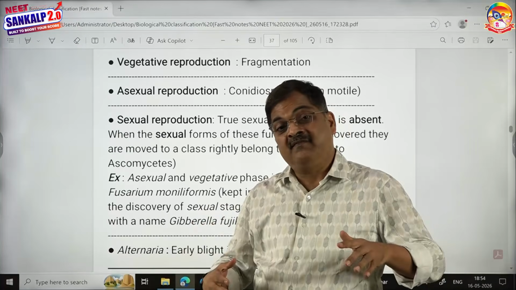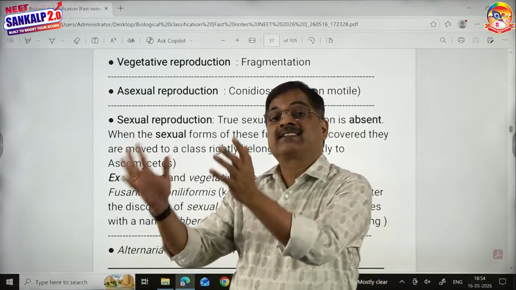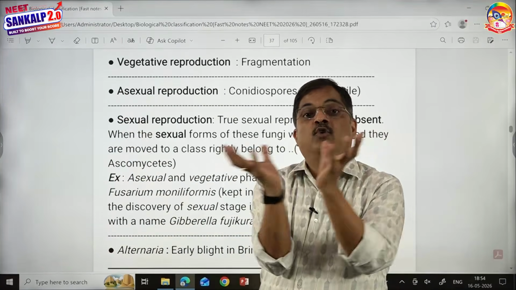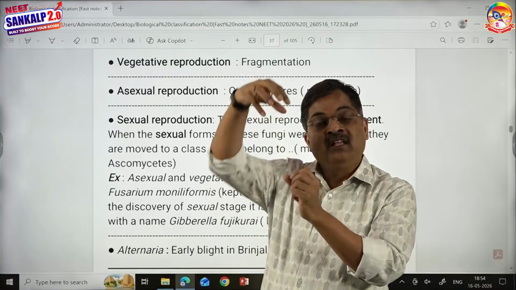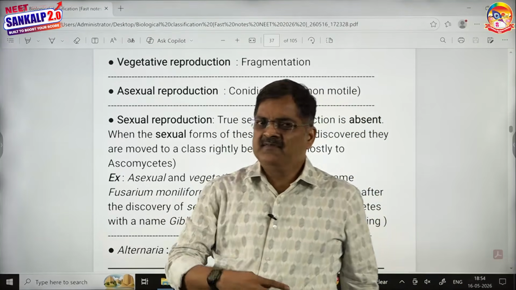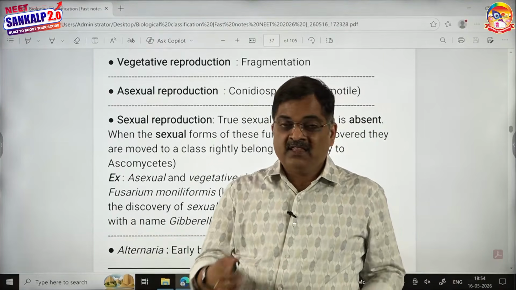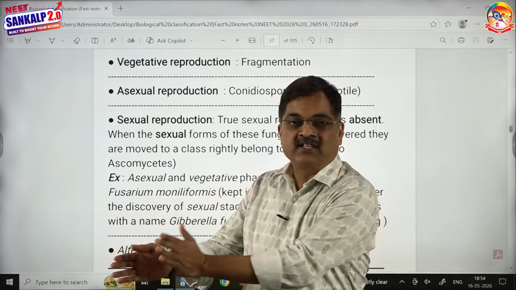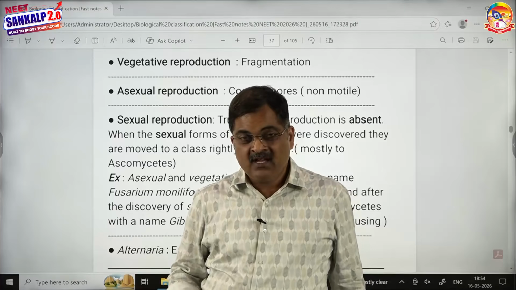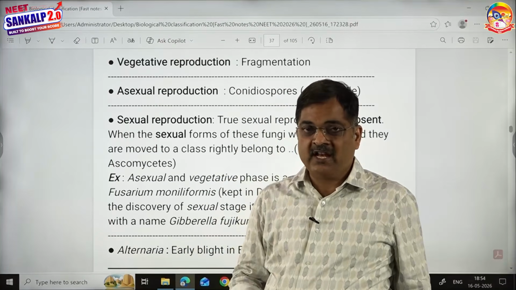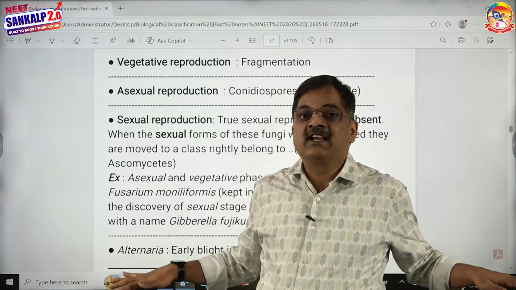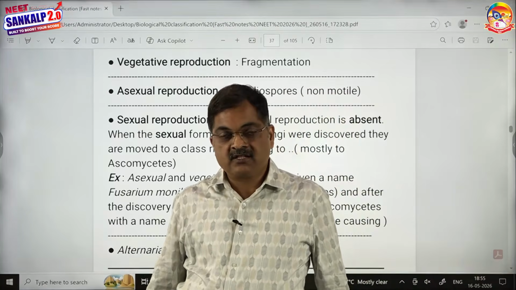If any member of it produces antheridia, ascogonia, plasmogamy occurs but not karyogamy, then you see a dikaryotic fruiting body, then you see a sac-like structure on the top, the 2 nuclei fusing. If it is similar to Ascomycetes, then we are going to transfer this into Ascomycetes with a separate name. I'm going to give an example. As long as a fungus called Fusarium is reproducing only by conidiospores without any sexual reproduction, it is kept under Deuteromycetes.